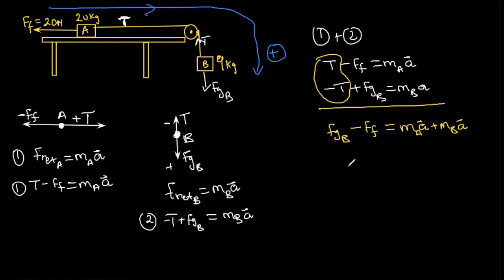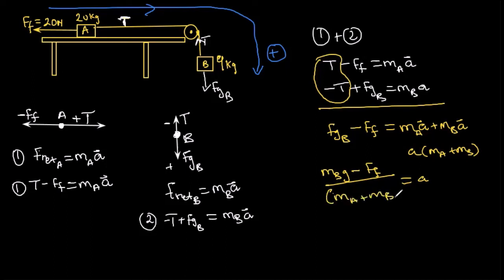So you can factorize out the acceleration. Obviously Fg of B is basically just mass of B times the gravitational acceleration, minus the force of friction, all over, if you factorize the acceleration out, A times mass A plus mass B. So if you divide both sides, you end up with A equals that over mass A plus mass B.